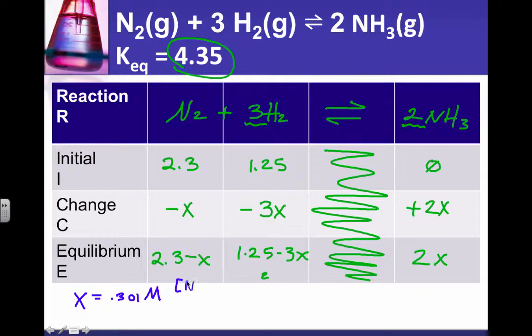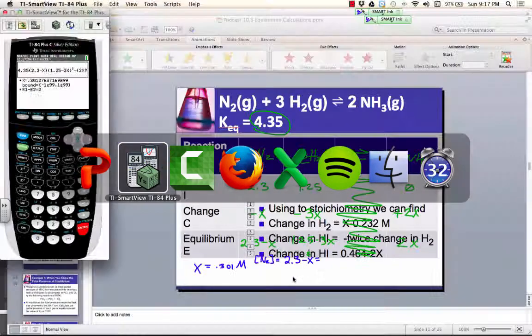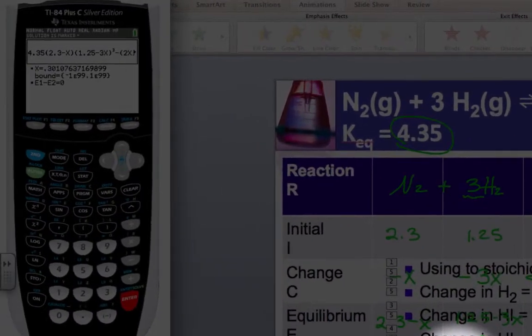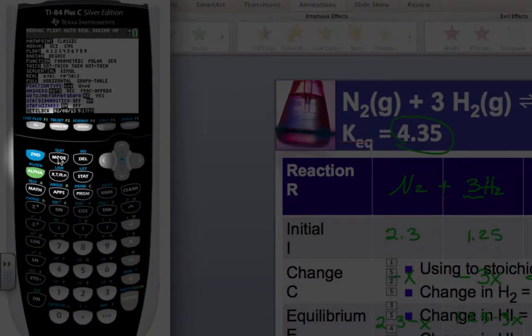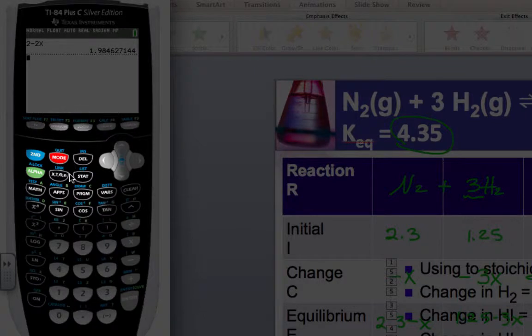So first let's work out the nitrogen value. So I need to take 2.3 minus x, and I can do that with my calculator because it automatically stores the value of x in there. So quit out of the solver. Now I'm back to my normal screen.